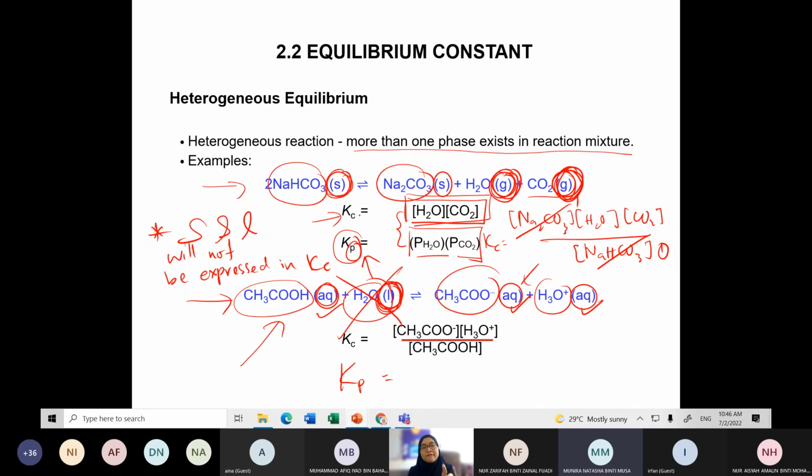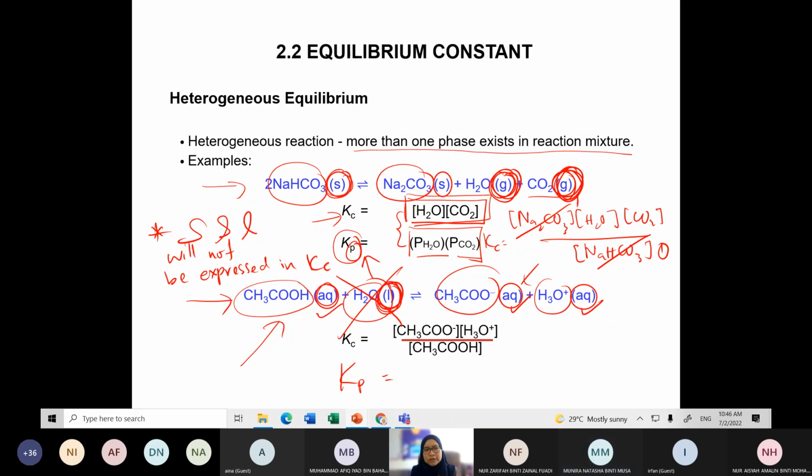This is only provided for pure solid and pure liquid. Contohnya H2O kan, it must be pure water lah. Maksudnya pure ni tak ada campuran ada substance in the water. Okay, kalau ada campuran that means ada concentration lah kan. So kalau there's only H2O molecules in the container, so that is considered as pure water.